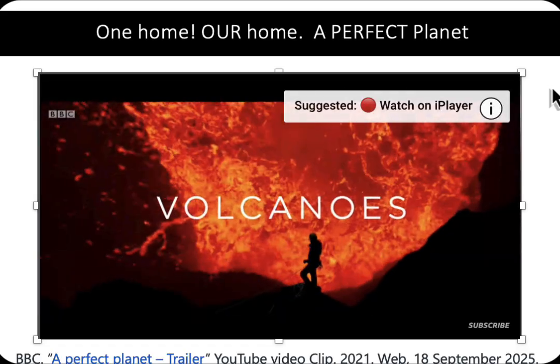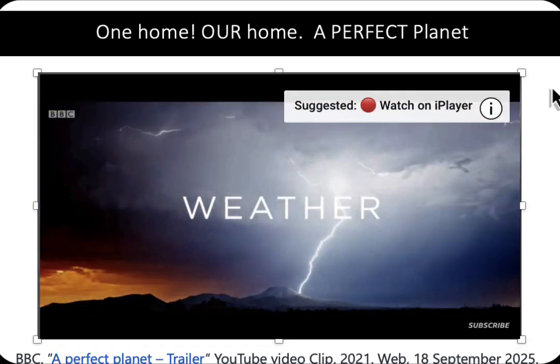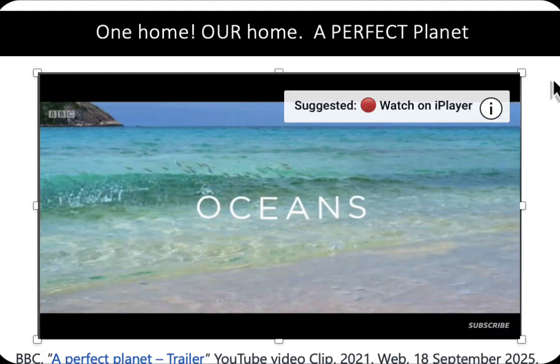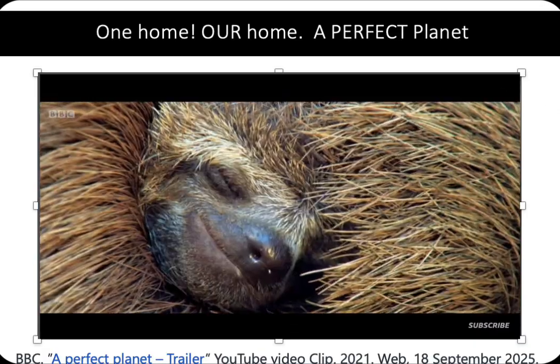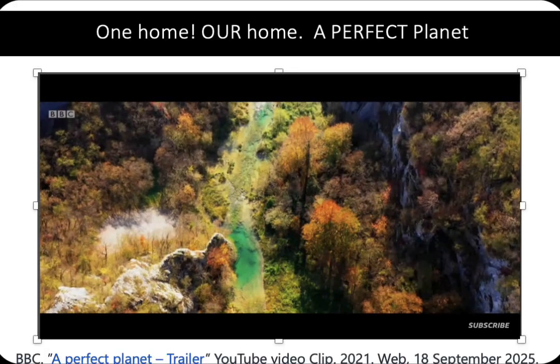From volcanoes to weather systems, ocean currents to the heat of the sun, these forces allowed life on Earth to flourish.